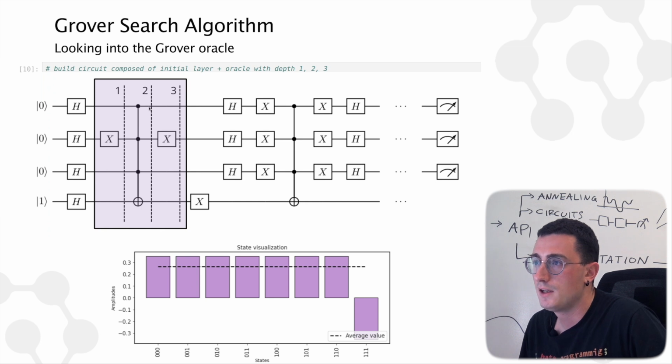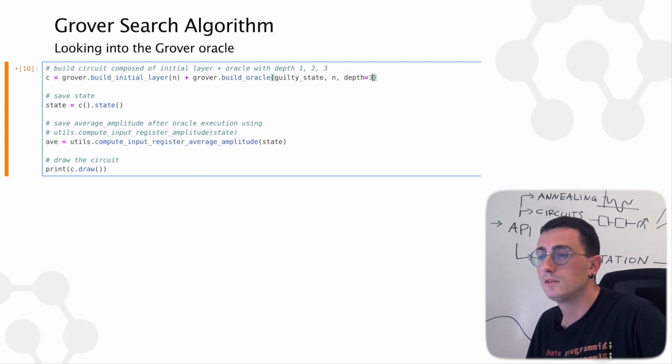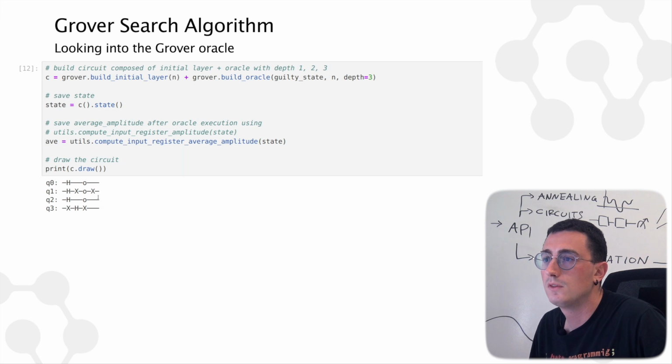What we expect is that if we reapply the X to the state, then the 1, 1, 1 will become the 1, 0, 1, because we flip the value of the second bit. We can set here depth equal to 3. We re-execute.